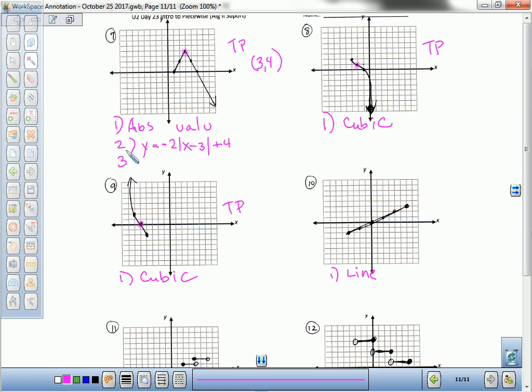Okay? Now, I want you to see if you can do the restriction for the domain. Can you do the restriction for the domain? The domain.